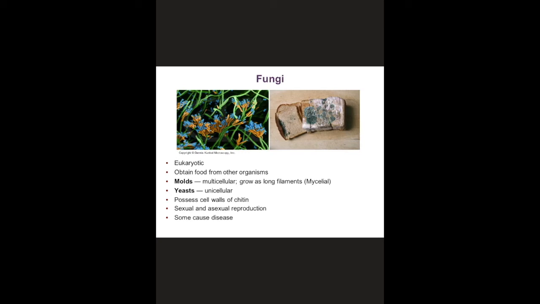Now, there's also single-celled fungi called yeasts. And in this case, these are microscopic. You need a microscope to see them. And some notable examples are Candida albicans, which causes yeast infections, and baker's yeast or brewer's yeast, Saccharomyces cerevisiae, which is used for baking and brewing, respectively.